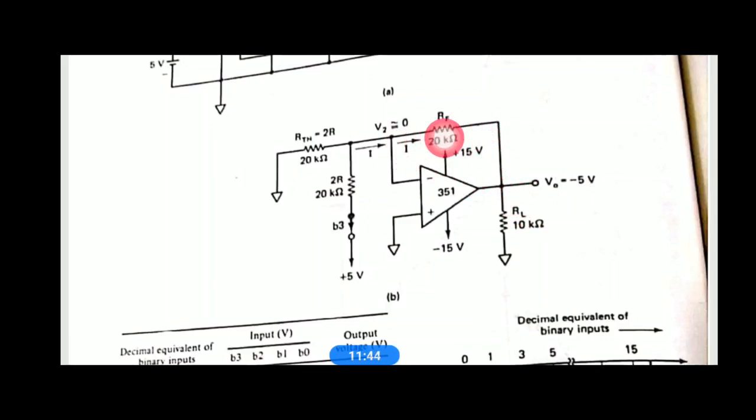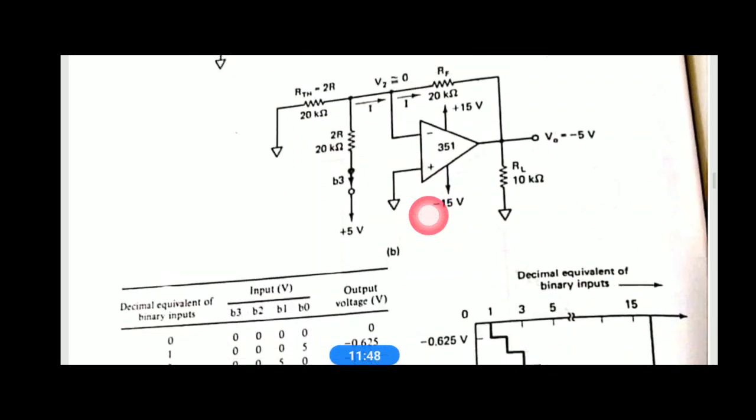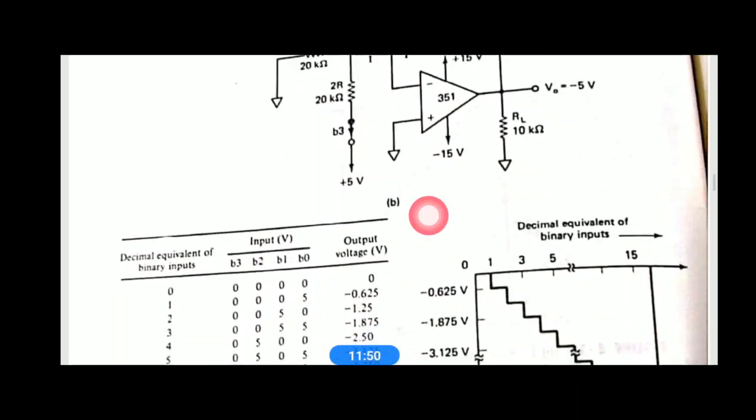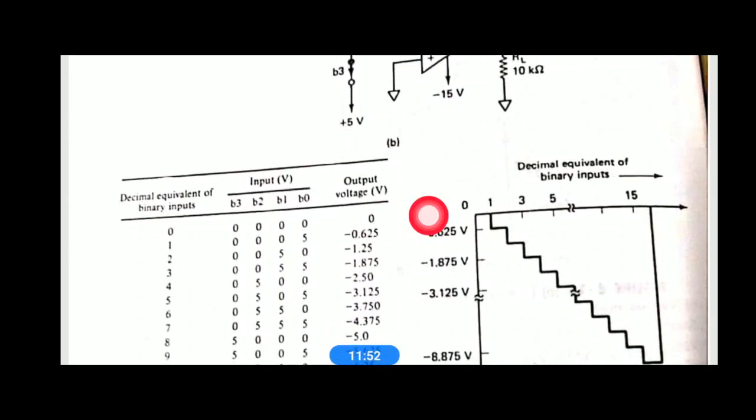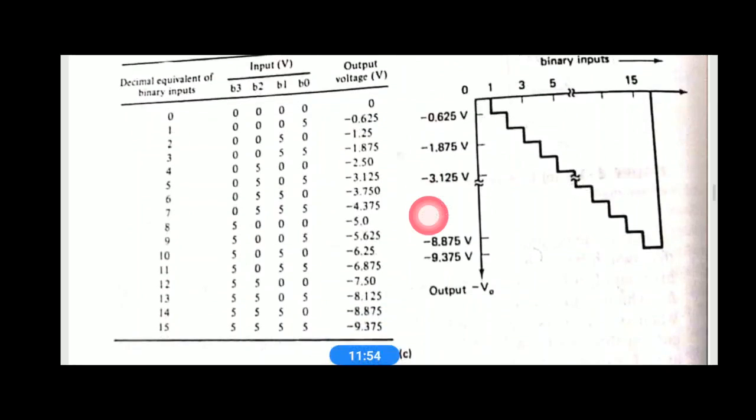Since the current flows in the reverse direction, it is minus 5 volt. So if you apply only B3, as you can see in this table, B3 is connected to 5 volt, and with B0, B1 and B2 at 0 0 0, you will get an output voltage of minus 5 volt.